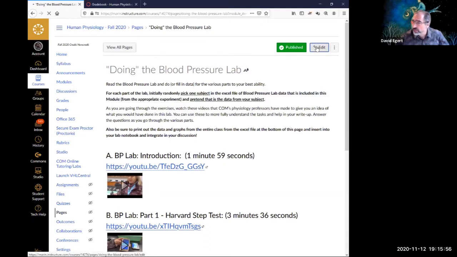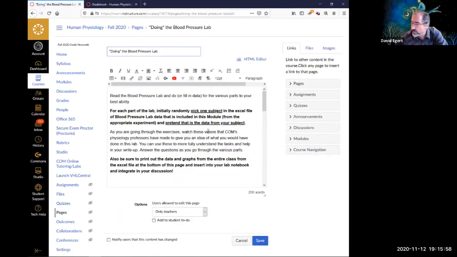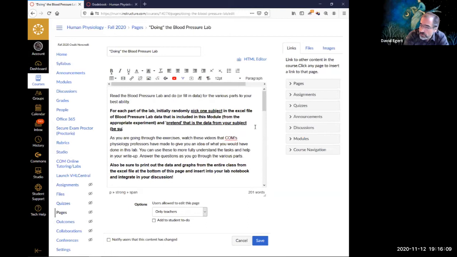Again, I should edit this and say pretend in quotes, because you don't totally pretend. Be sure to say that it is actually from the spreadsheet.